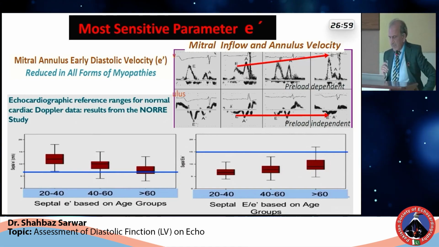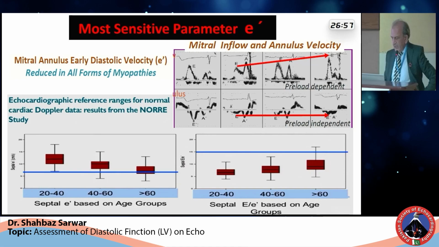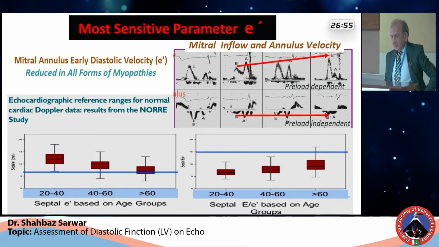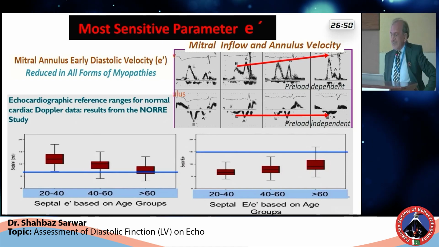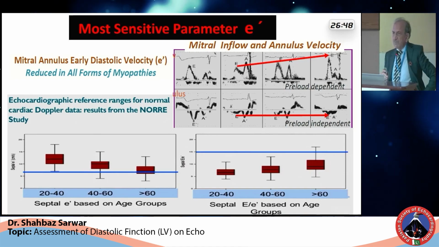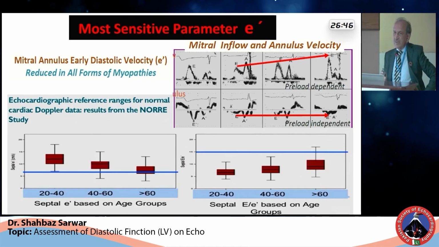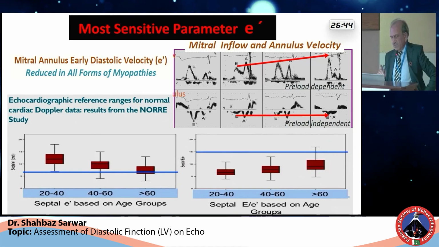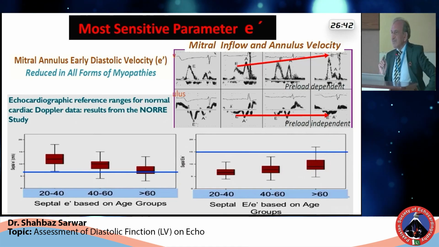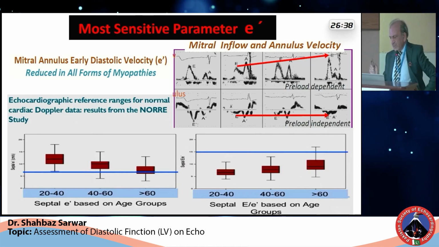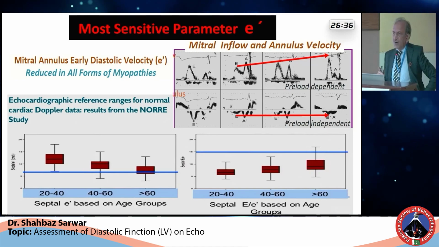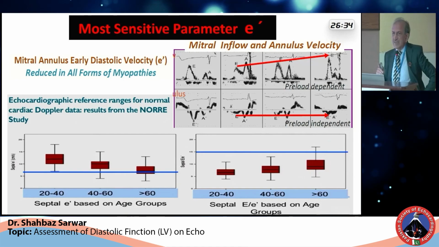Similarly, E by E prime ratio in all the age groups from the same study has always been less than 14. So if we remember these two things and one more specific parameter, I think my purpose of the talk is done. Remember that in grade 1, grade 2, grade 3 abnormalities, E prime is reduced.